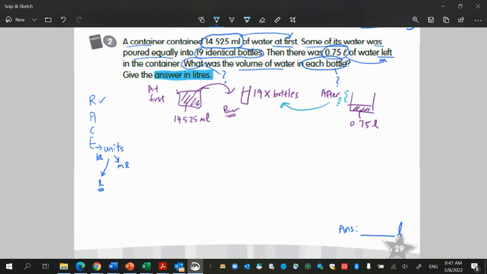Okay, so I have to work out the solution now. First, I have two different units, milliliters and liters. I will choose to do the conversion of 0.75 liters to milliliters first. Later you'll see why I made the choice.